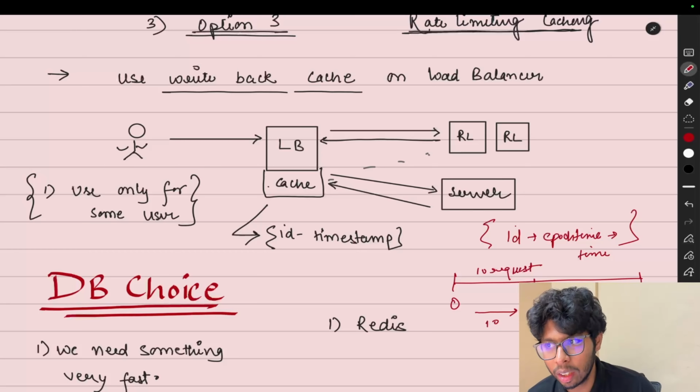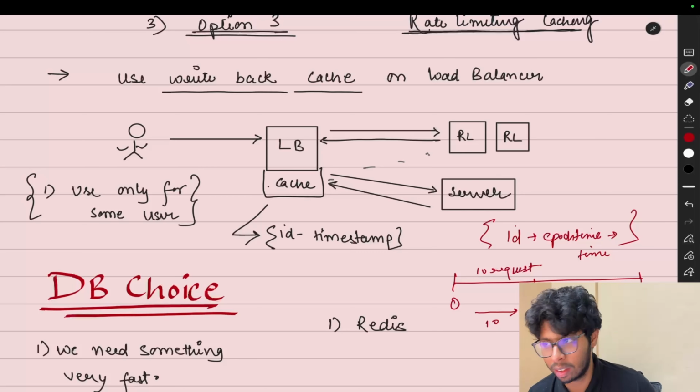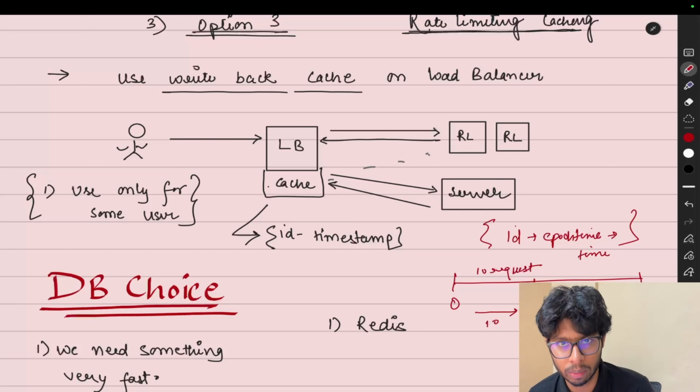So all the access calls are going to be answered false, and in this case the load balancer is taking care of it rather than the rate limiter. It is saying false by itself. The API calls are saved now, and only the genuine users are going to reach the rate limiter. So this can be one solution.